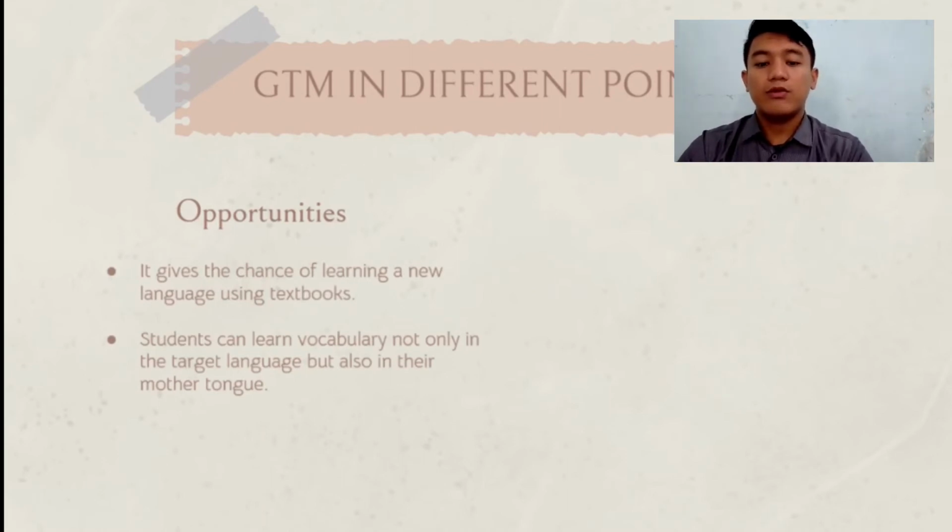The first, it provides a change in learning a new language using a textbook. This makes it easier for the teacher to convey the material because the learning media is easily understood by students. Second, students can learn vocabulary not only in the target language but also in their mother tongue. The use of language is easier for students to understand because it uses the mother tongue.